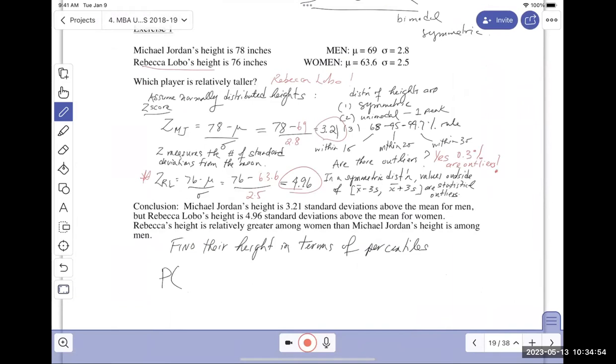So the way that I write that is I say going to the Z curve, the Z curve, less than 3.21, I get 0.9993, which is 99.93% of men are shorter than Michael Jordan.